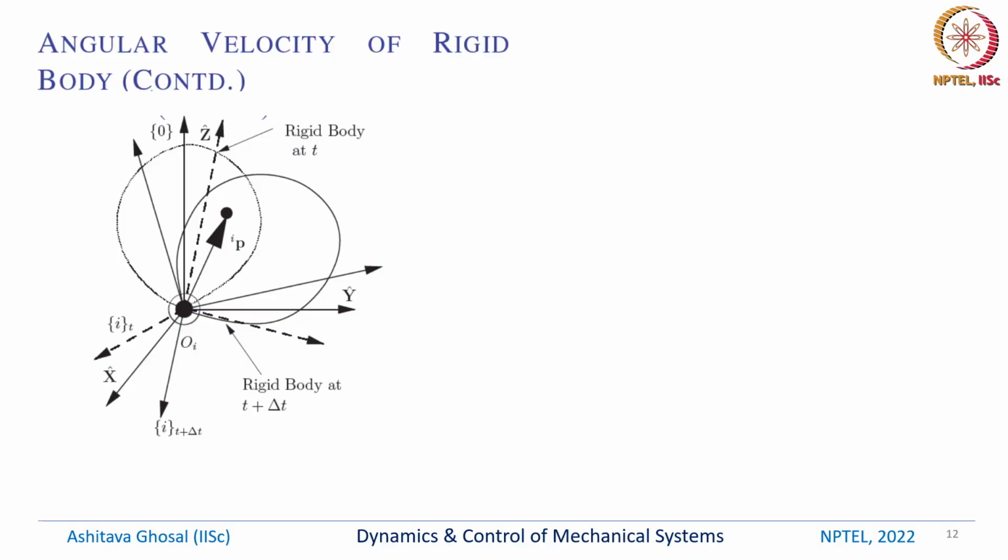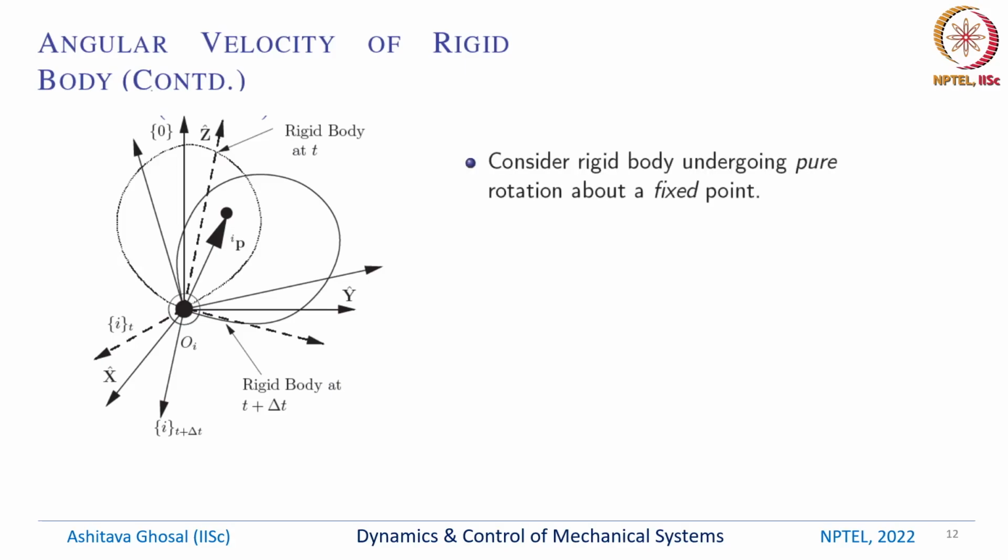So 0 is the reference coordinate system. The rigid body at t is given by I at t, and the rigid body at t plus delta t is given by another coordinate system. In mechanics we say this is a rigid body undergoing pure rotation about a fixed point.